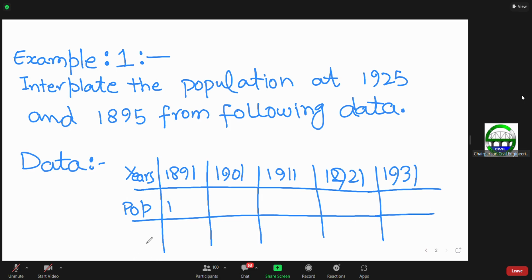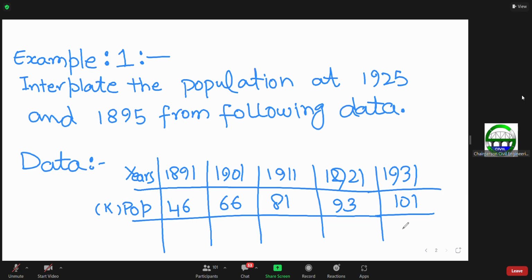And the corresponding population, let's say in thousands, is 46,000, 66, 81, 93, and finally 101.